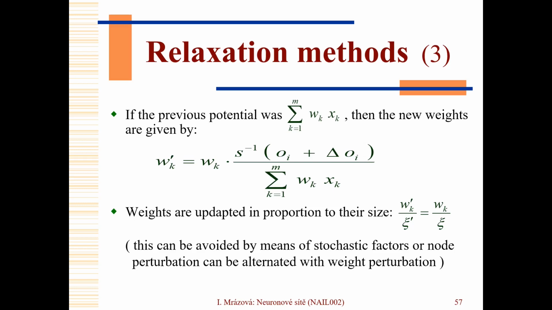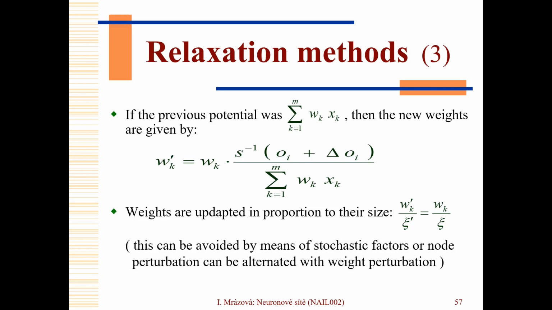So the weights are basically updated in proportion to their size. It should hold that Wk prime divided by the new potential xi prime corresponds to the ratio of Wk and the potential xi. So this implies some proportional adjustment.